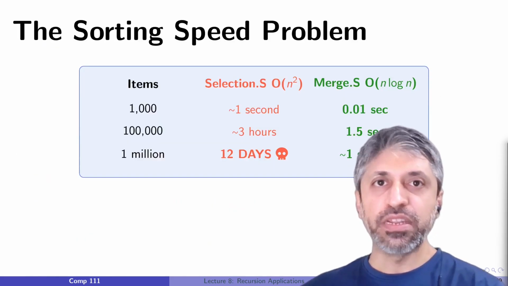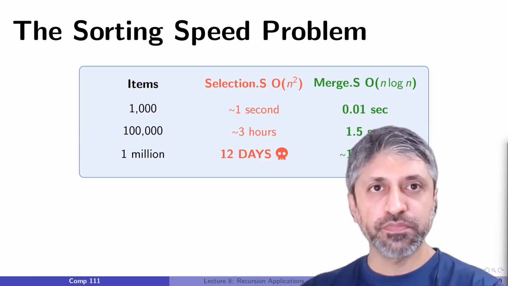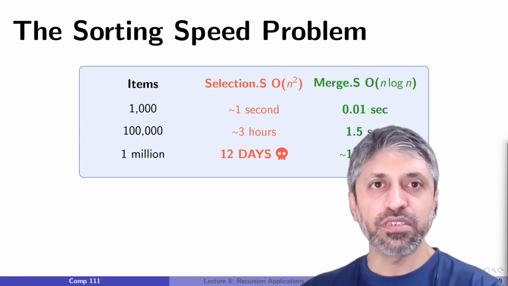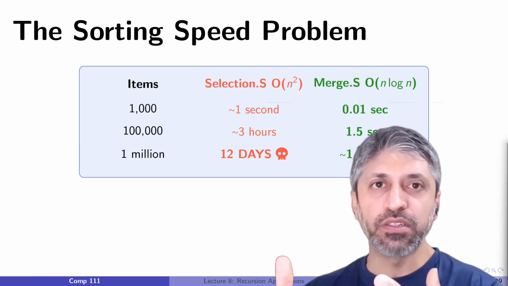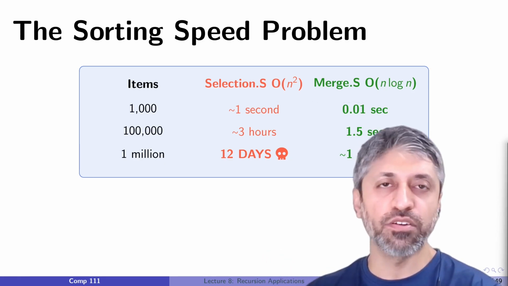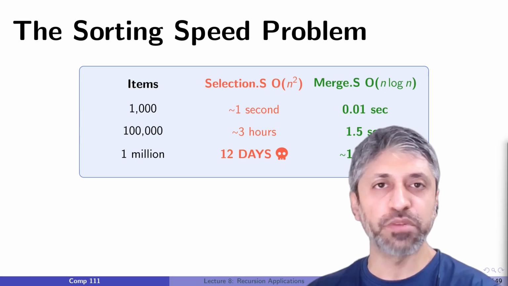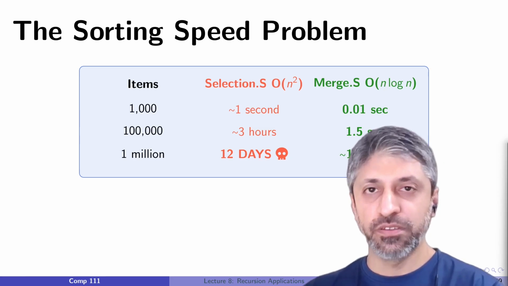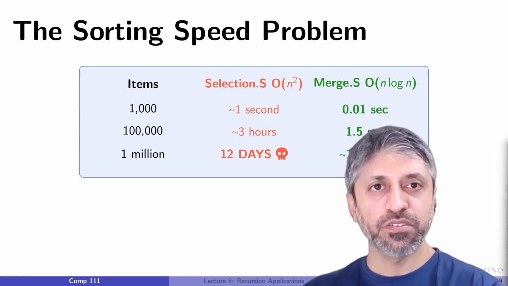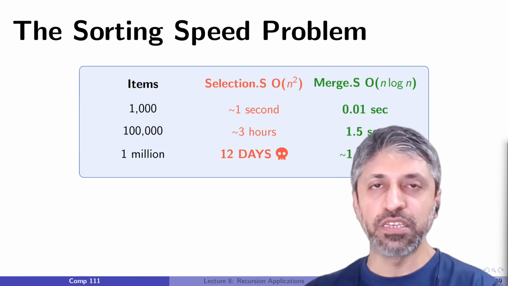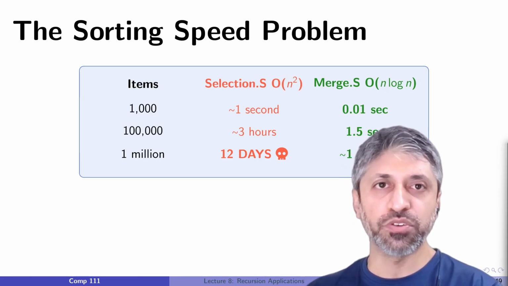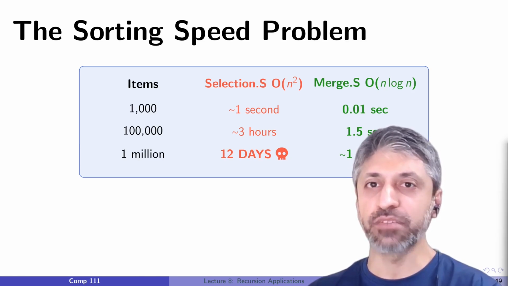Let these numbers really sink in. At 1,000 items, selection sort takes about a second, while merge sort finishes in a hundredth of a second. Both feel fast enough because the data is small. But at 100,000 items, selection sort takes roughly 3 hours, and merge sort does it within seconds. And what about a million items?